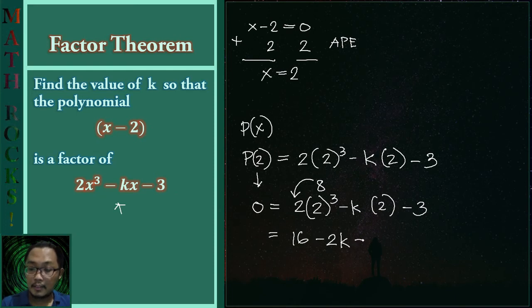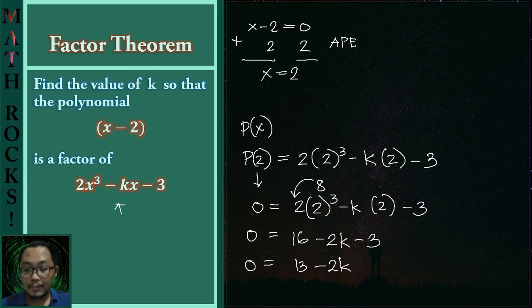So writing this, negative 3. And now we have to combine the similar terms here, and we have 16 minus 3, which happens to be 13.